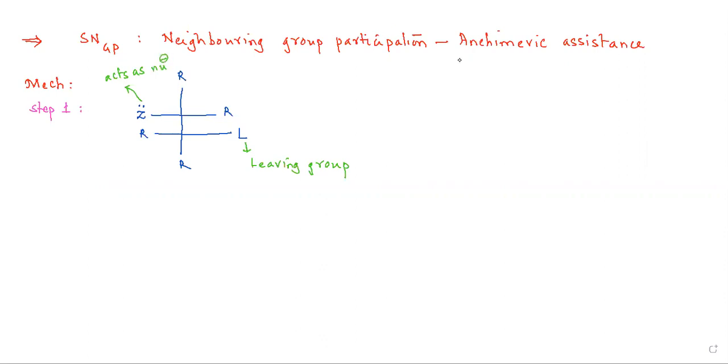Okay. Now see what happens. The lone pair attacks this carbon. At the same time, the leaving group goes off. This is a kind of SN2, which of course results in inverted configuration.